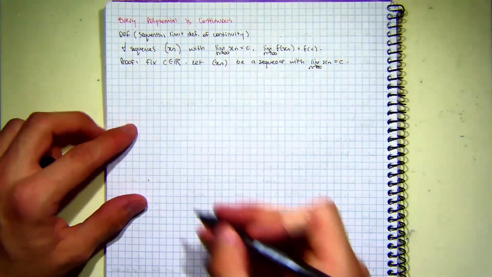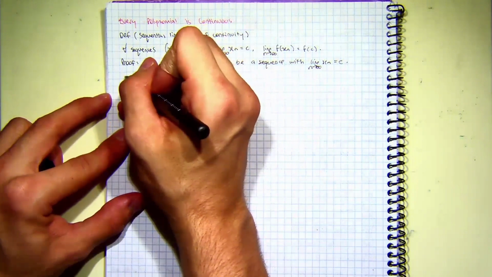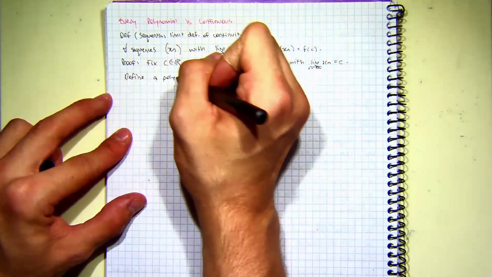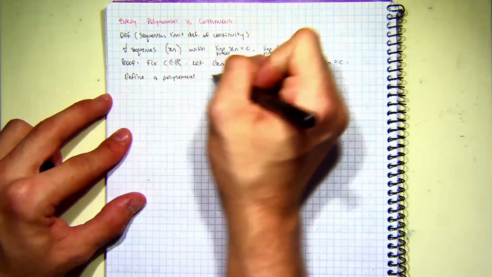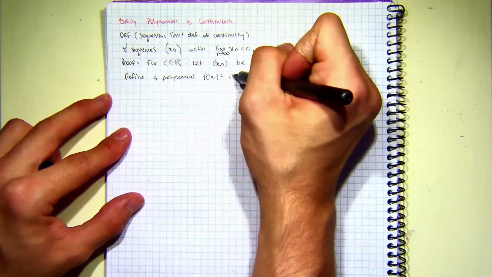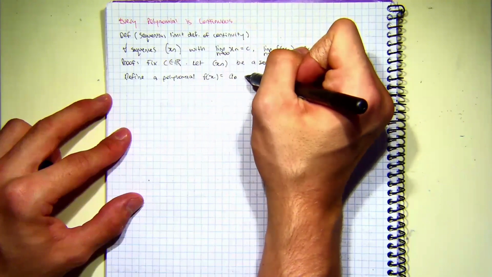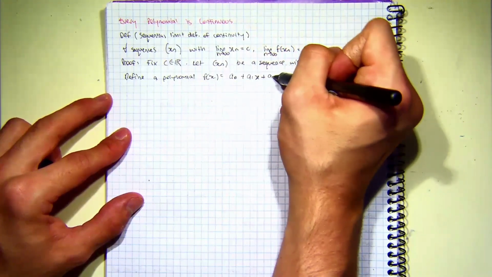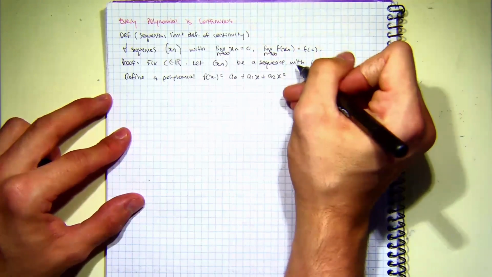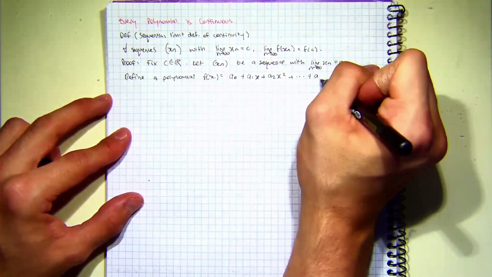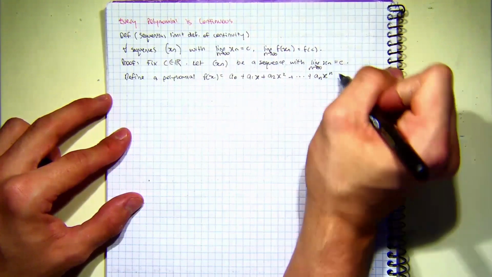Okay, so let's define a polynomial f of x, which is just a standard polynomial here. We have a0 plus a1x plus a2x squared, and so on, up to an x to the power of n, right?